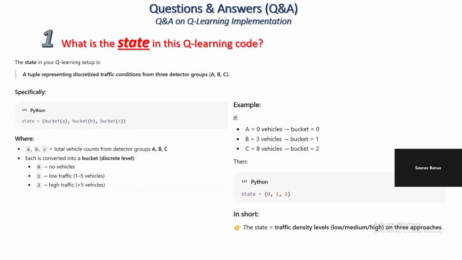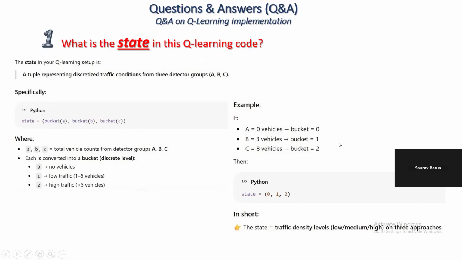If 0, then no vehicle. If it is a low number of traffic, say 1 to 5 vehicles, then the state is 1. If the traffic is high, that is greater than 5, then the state is 2. So we discretize the level.